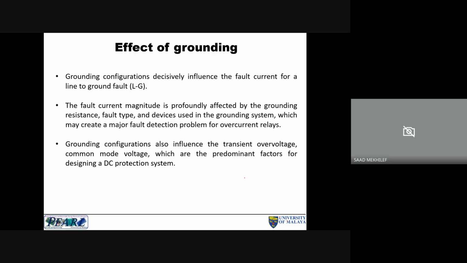So proper configuration of grounding is very essential, especially in designing DC protection systems. There are also some standards that we have to follow, especially for grounding and how it has to be done in DC microgrids.